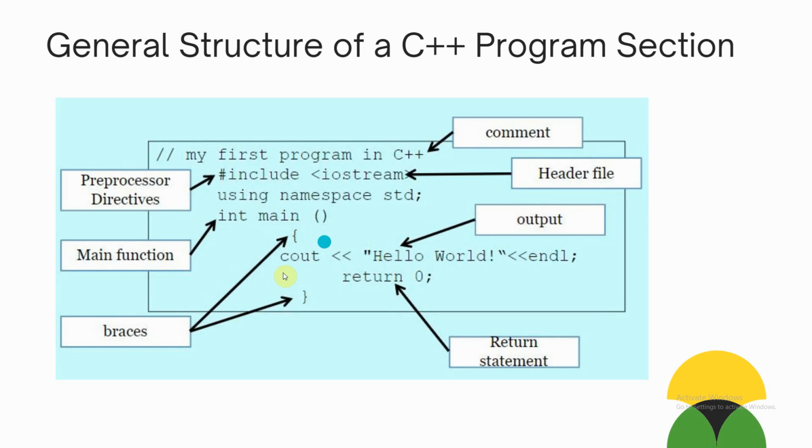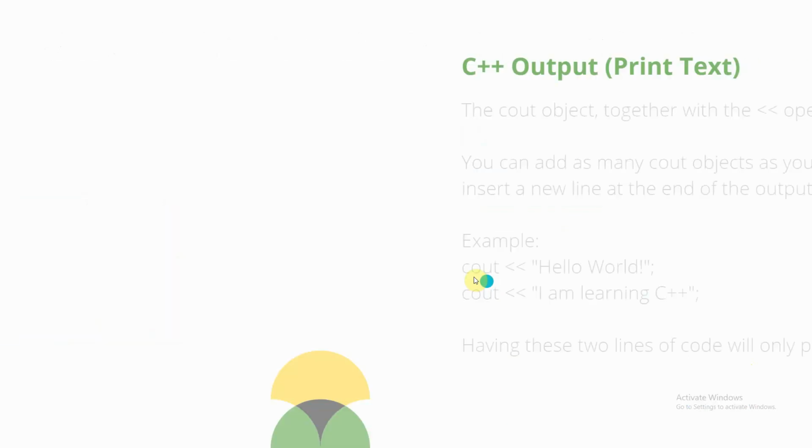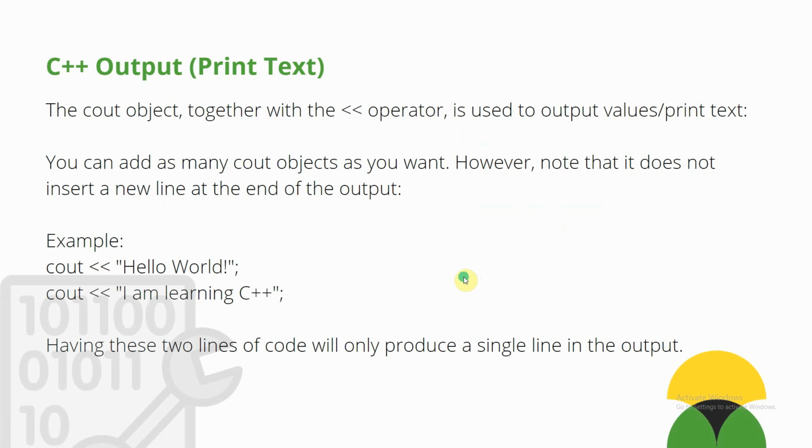This is the main function between braces, and then we'll have the return statement after the cout line of command. So the cout is also called the print text. This is the cout object together with this symbol of the operator. It is used to provide the output values or print out the text on your screen.